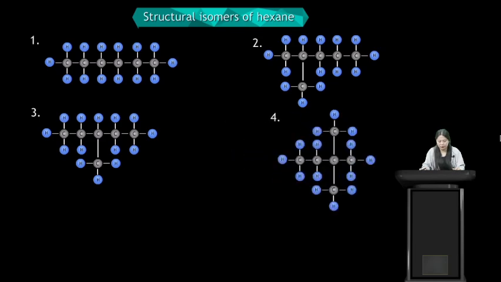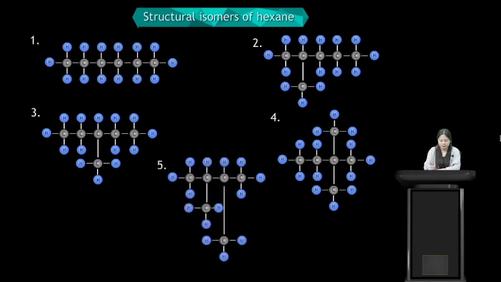And we have the fourth structure. Even in this structure, the number of carbon atoms and the number of hydrogen atoms is the same, just that they have different structures. So all of these have the same molecular formula, but they have different structures. So these are called structural isomers. And this is an example of structural isomers of hexane.